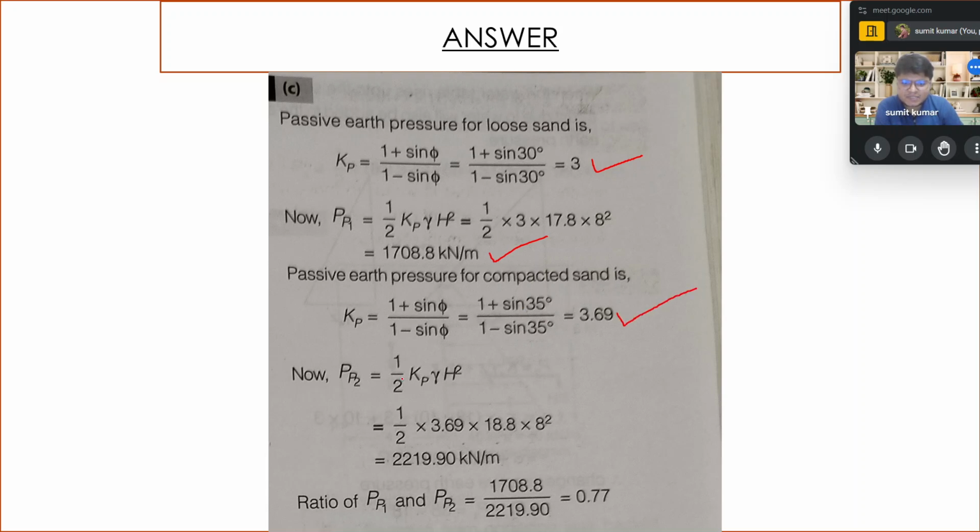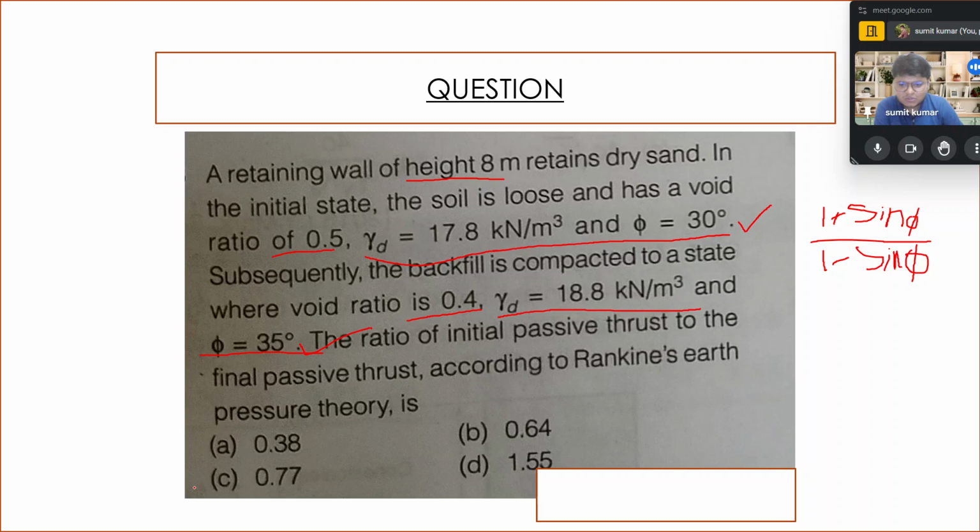We calculate Pp2 as 1/2 × 3.69 × 18.8 × 8², which is 2219.90. Now we are interested in the ratio of Pp1 to Pp2, which comes out as 0.77. So option C is going to be our correct answer.